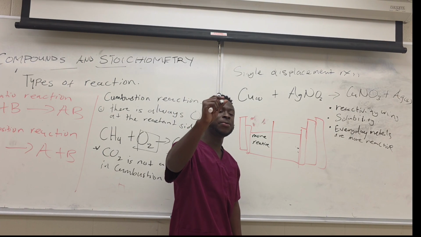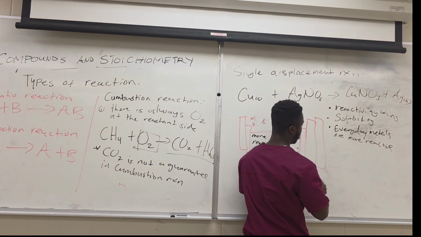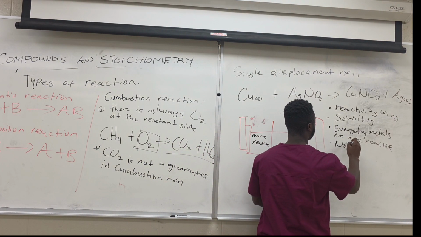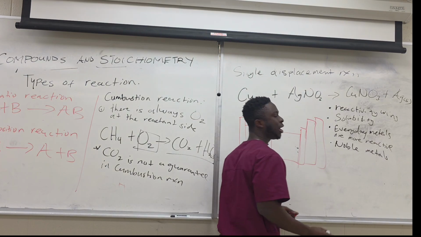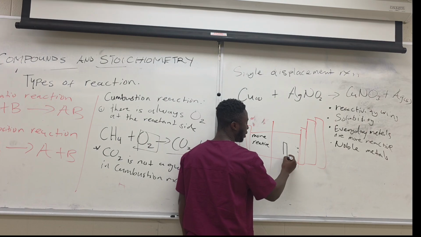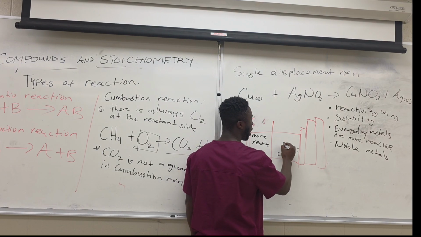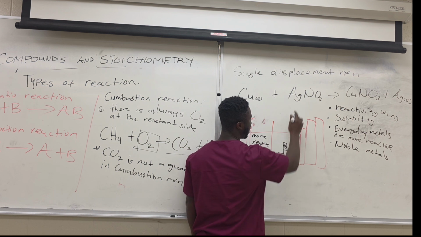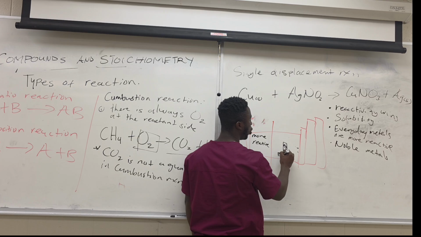And finally, we have what we call noble metals. Now, the noble metals are over here. On the periodic table, they form an inverted L. And there are just three of them. We have silver, which is Mr. Silver, we have gold, and we have platinum over here.